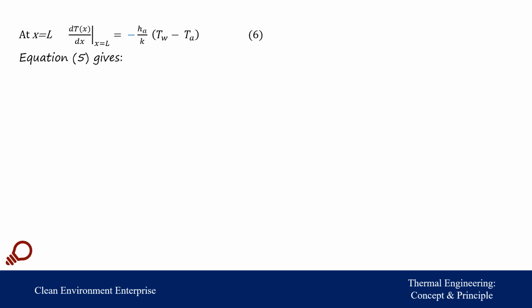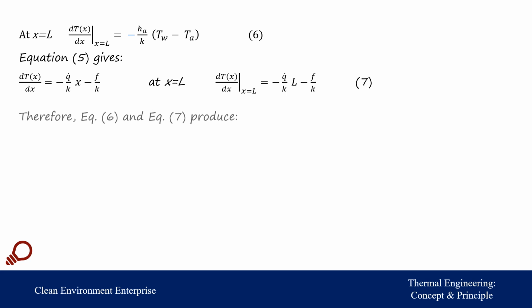Equation number 5 gives dT of x by dx equal to minus Q dot x divided by K minus F divided by K. Then if x equal to L, dT by dx is represented by equation number 7.